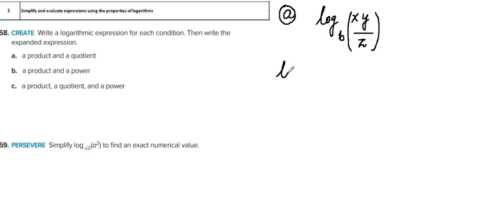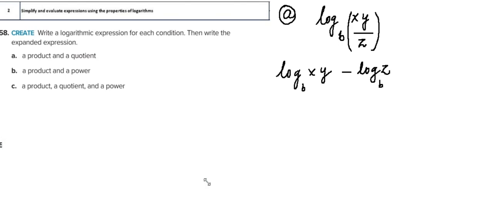You know how we are going to write it. So log xy minus log z. The base is b, because I am applying which property here? Log a over b. So firstly I will go through the properties here. What is log a over b? The first property: log a over b is log a minus log b, and the base can be anything.